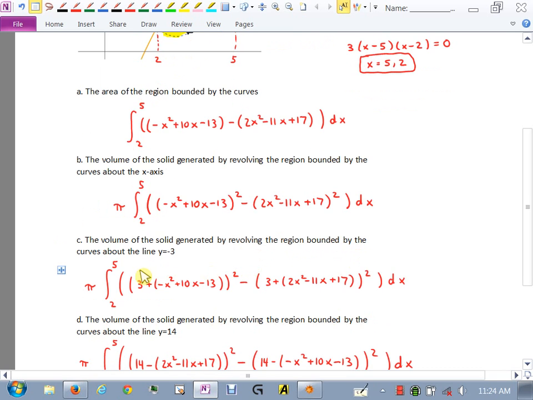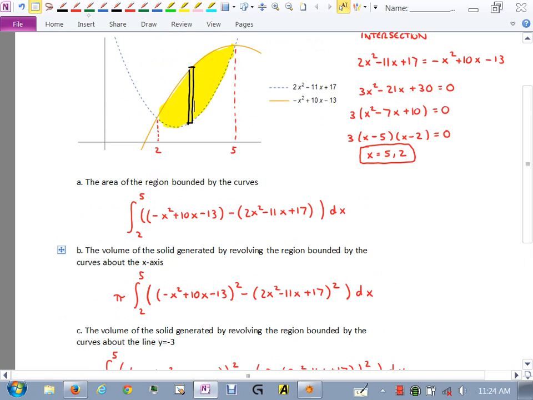Then you want to rotate it around the line y equals -3. That means, imagine that there's a line down here, -3. Straight line would be preferred. And you want to wrap this around that line instead of the x-axis. So what you have to do is figure out what this total distance is, which would be 3, which comes from here, right, that distance, plus the distance from the x-axis up to the top function.